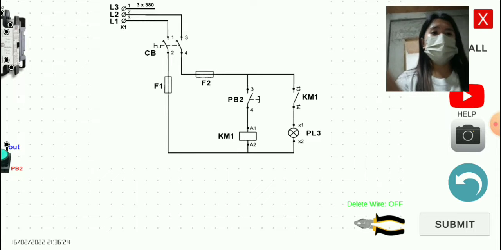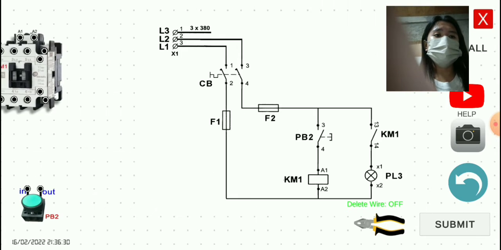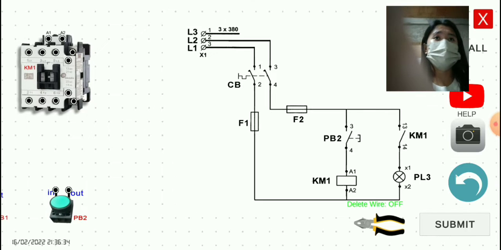The KM1 here is the coil, with the A1 and A2, and the KM1 here is the normally open contact. They have the same label, KM1 and KM1, but they refer to a single magnetic contactor.